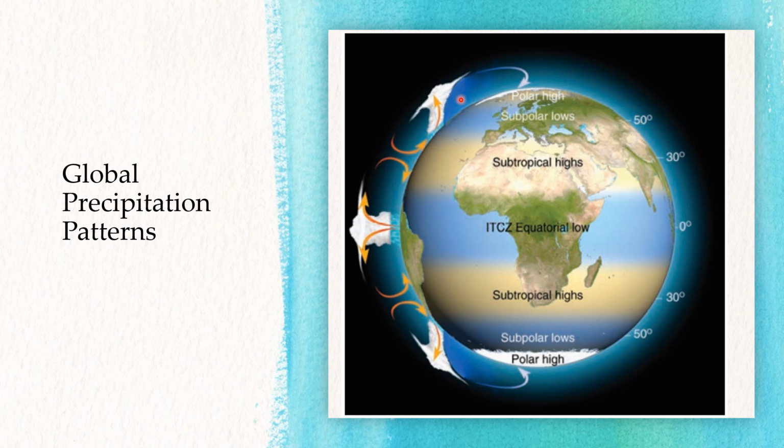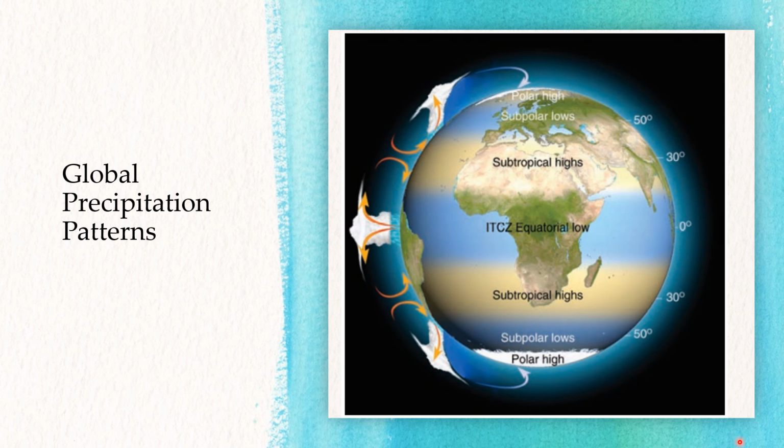Compared to where the air sinks, these are the drier regions that prevail, in tan shade. And note that the sinking air of the subtropical highs produces the major desert regions of the world.